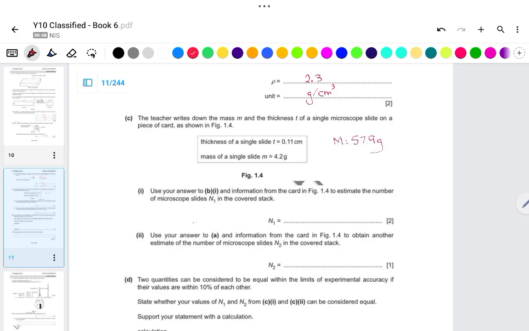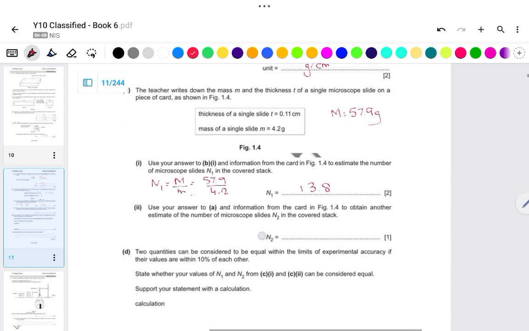Okay, so I need to find the number of microscope slides in the covered stack. So my N1 is going to be the entire mass over the mass of a single slide, which is 57.9 over 4.2, giving 13.7857. I'm just going to write it in 3 significant figures.